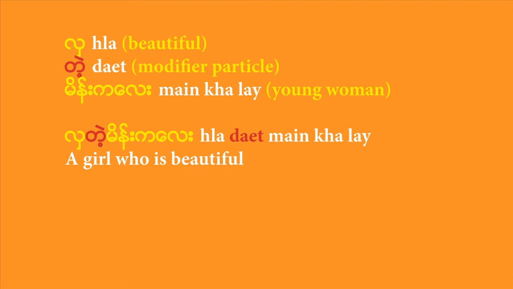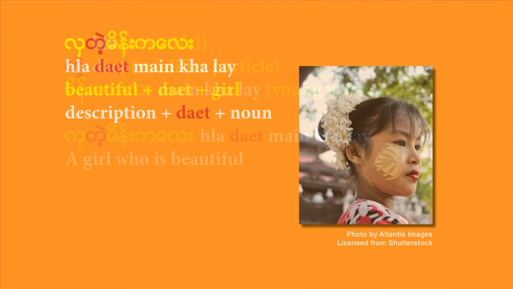You see, you join the description hla with the noun mein klay with the particle de. One thing to note is the description comes first, marked with the particle de, and then followed by the noun it modifies. This is the opposite of the way you would say things in English, where you'll say a girl who is beautiful. So the noun comes first, followed by the description. In Burmese, it's the reverse.